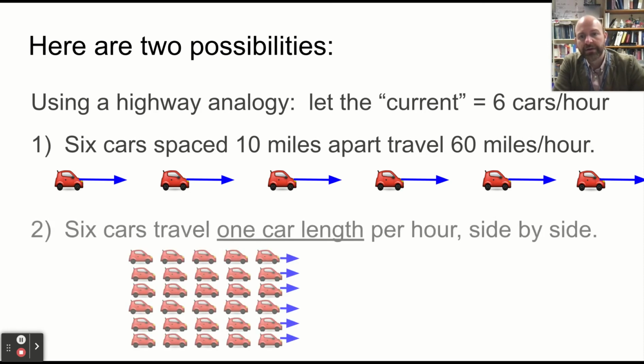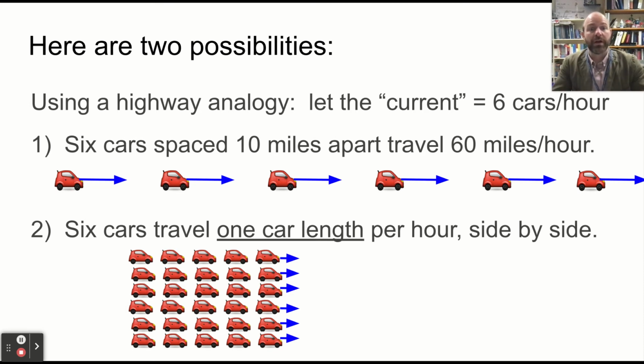On the other hand, you could have 6 cars that only go 1 car length in an hour. They're going very, very slow. If you're looking straight ahead and counting whether it passes this line, you can only count it once the whole car has passed. They start just on one side of the line, and it takes a whole hour for those 6 cars to cross the line.